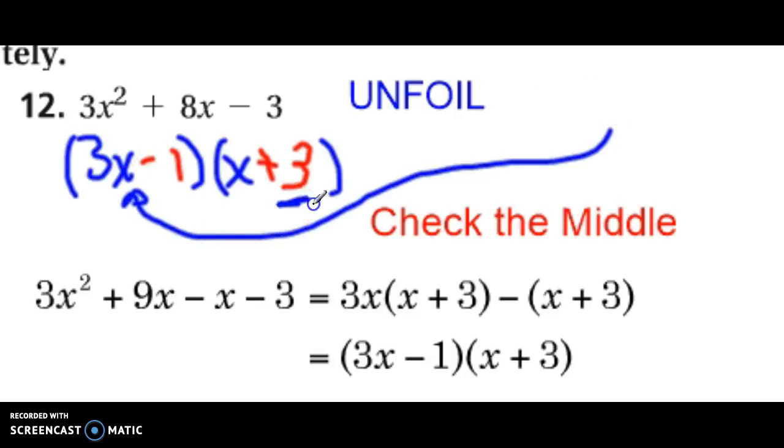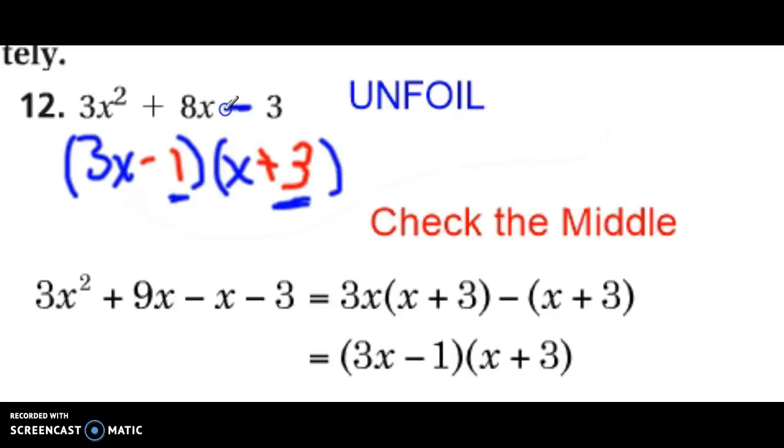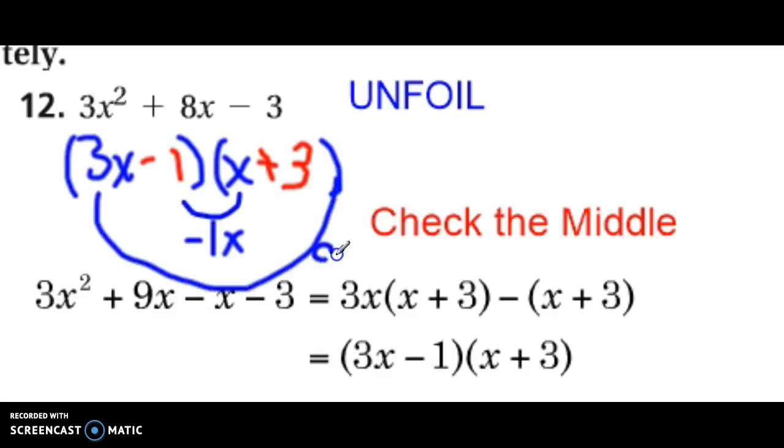So that 3 must go here, and I'm going to put 1 here. It's got to multiply to a negative and add to a positive. So I'm going to make this positive and make this negative. And I'm guessing. I have to check the middle. So there's -1x, and there is 9x, and that gives me 8x, so it's factored correctly.